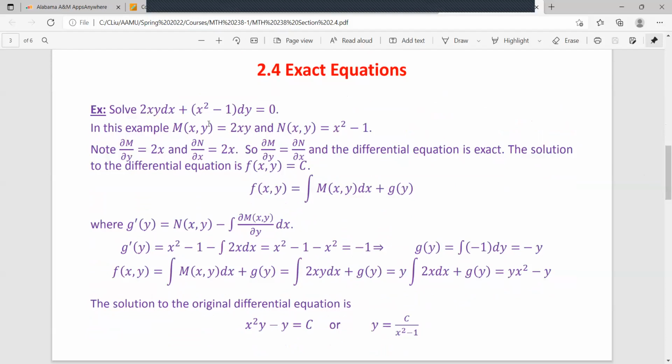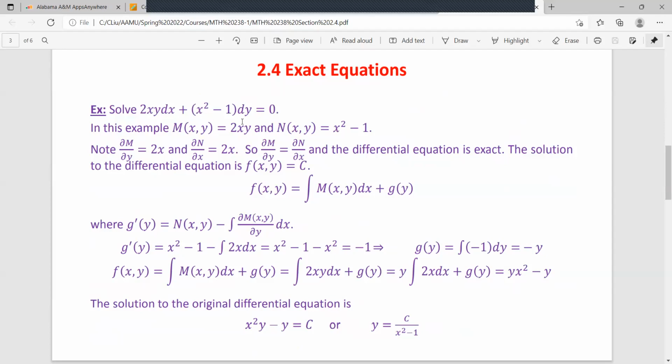If you write the equation in derivative form, it will be 2xy plus (x squared minus 1) times dy over dx equals 0. So a differential equation can be written in differential form or in the form of derivatives, and we know dy over dx is y prime.